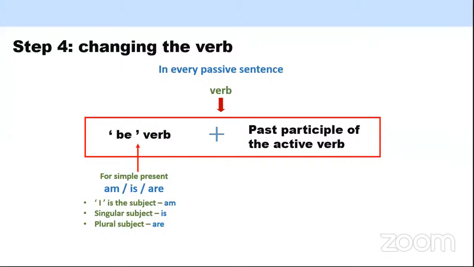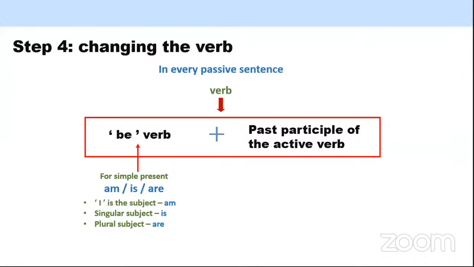If the subject of the passive sentence is singular, you have to use is. If the subject of the passive sentence is plural, you have to use are. So now you know how to select the be verb according to the new subject.